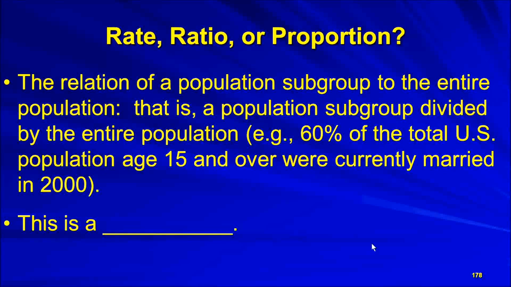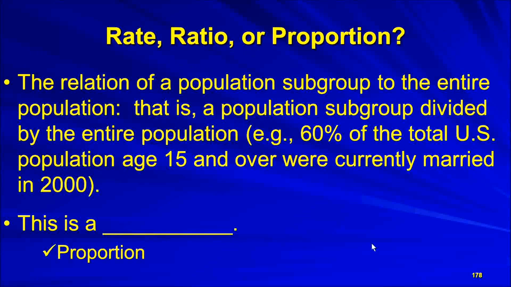So in this case, we're dealing with a proportion, and in the numerator we would have 60%, 15 and over currently married. Now this is a trick. What goes in the denominator? We have 60% 15 and over currently married, right?